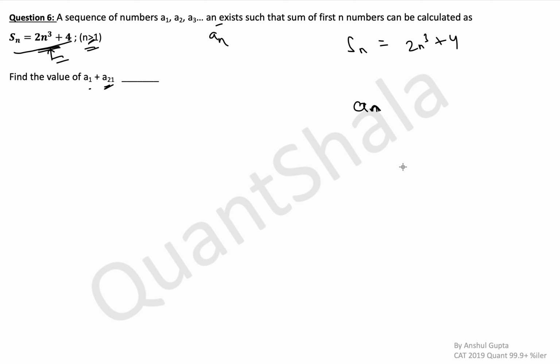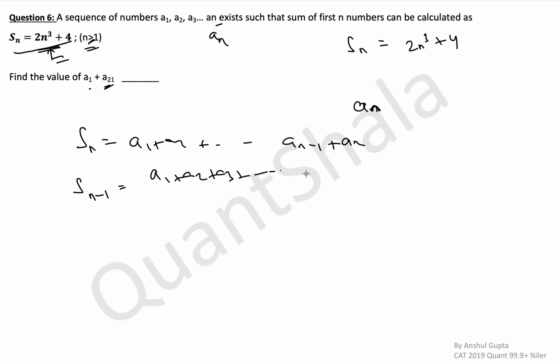So how do you calculate an? What is the sum of the first n terms? Sn can be written as a1 plus a2 till a(n-1) and then finally an. What is S(n-1)? This is the sum till n-1 terms: a1 plus a2 plus a3 till a(n-1).